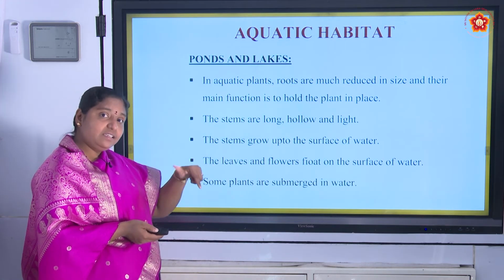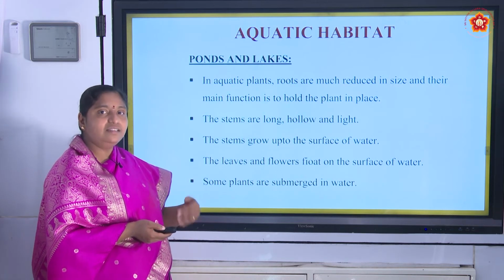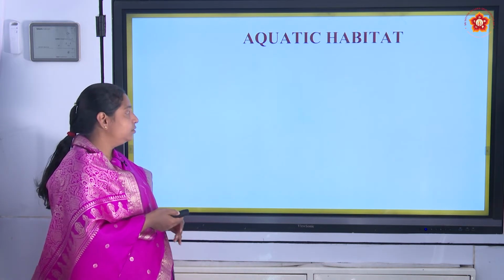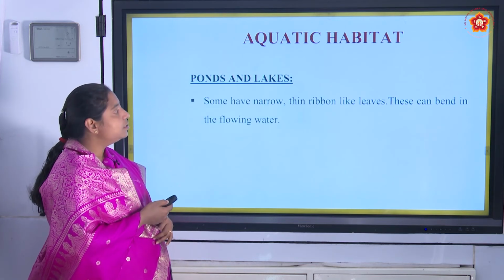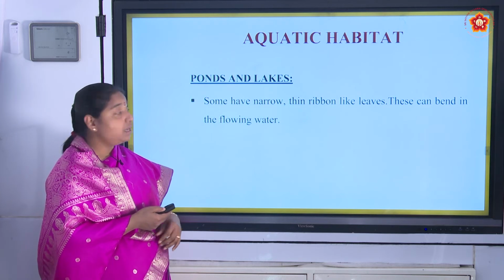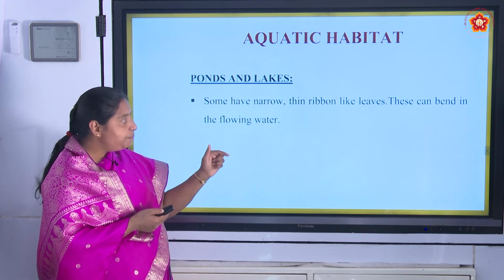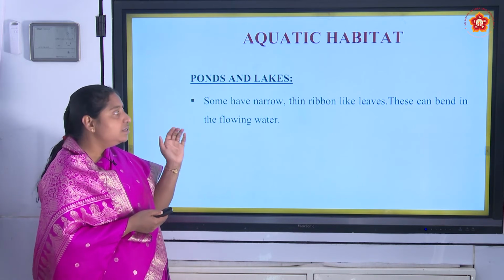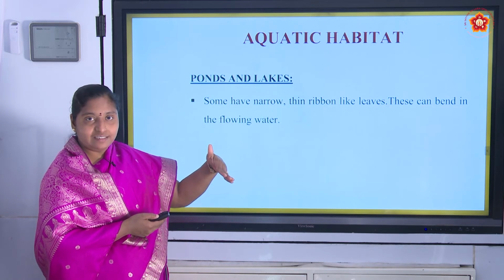Some plants are submerged in water. They are deep inside the water also. Some plants have narrow, thin, ribbon-like leaves. These can bend in the flowing water.